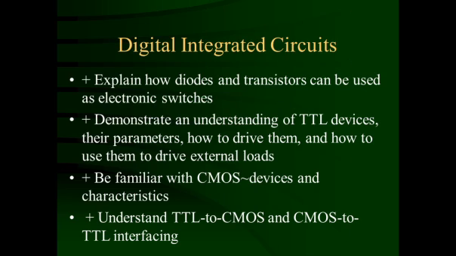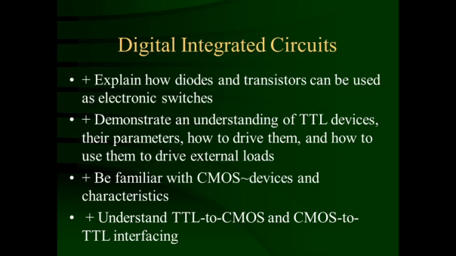Dear friends, our objective to study this thing is this. In this chapter, our first objective is to explain how diode and transistor can be used as electronic switches. Second objective, demonstration and understanding of the TTL devices, their parameters, how to drive them, and how to use them to drive external load.